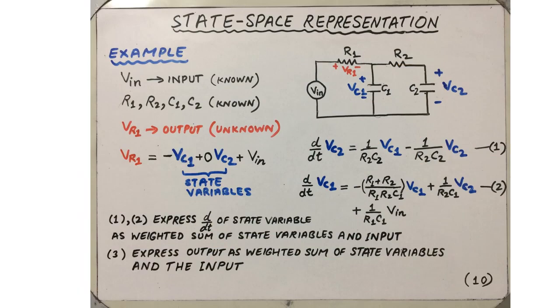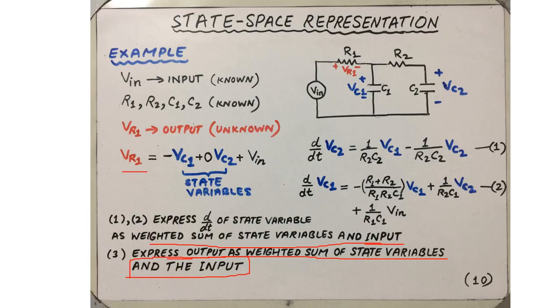But just as we saw that in equations 1 and 2 the rate of change of state variables can also contain the input in the weighted sum, it is also possible that the output is a weighted sum of not only the state variables but also the input. And for that, let us look at the same circuit, but this time we are interested in a slightly different output.